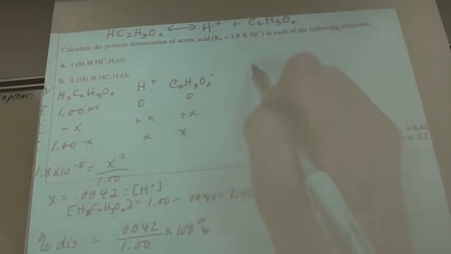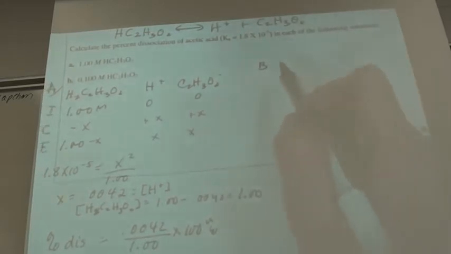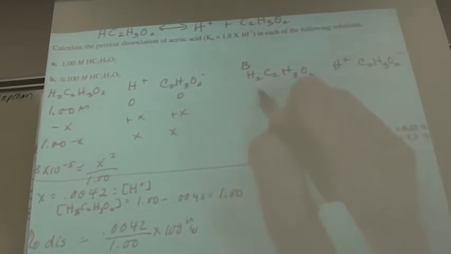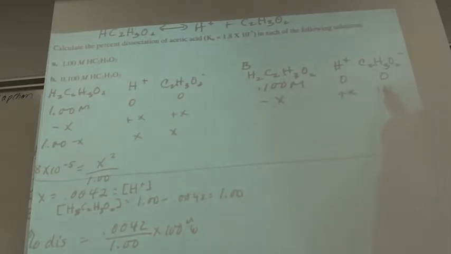Meanwhile, B, we have 0.1 molar. The Ka value is still the same.